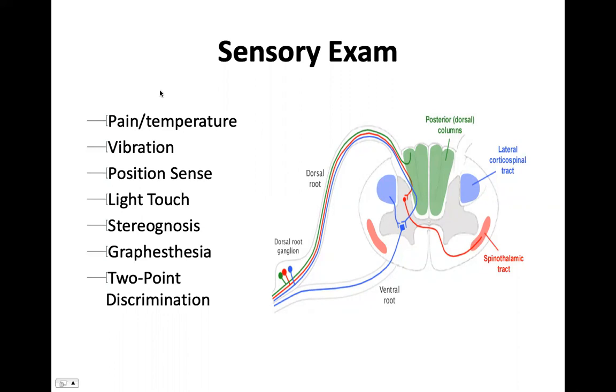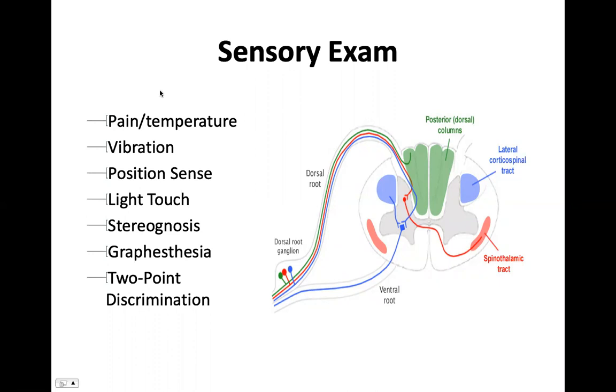Whenever you're doing anything with motor and sensory, always make sure that they can feel things in the same place on the opposite leg or the opposite arm or on the face, because you always want to make sure that you've got symmetry. The key to abnormal is the lack of symmetry or any changes that they might have.